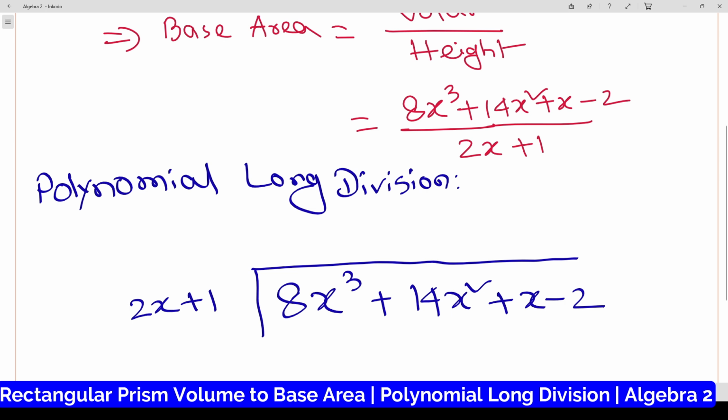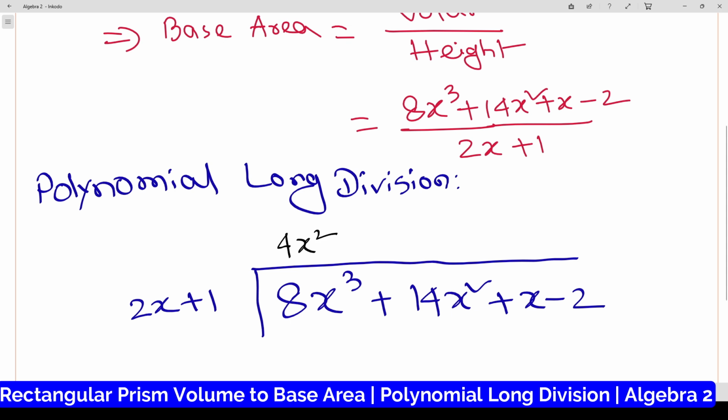In this expression, the first term is 8x cubed, and the divisor is 2x plus 1, so we divide by 2x. 8 divided by 2 is 4, and x cubed divided by x is x squared.